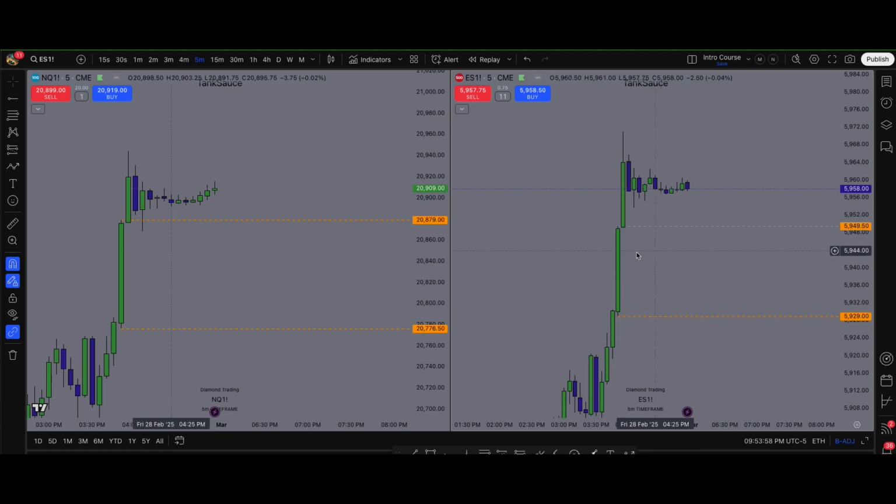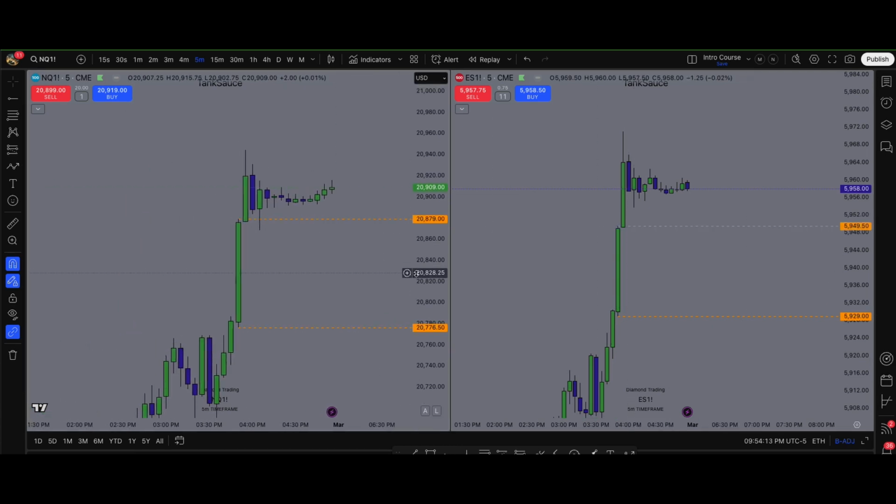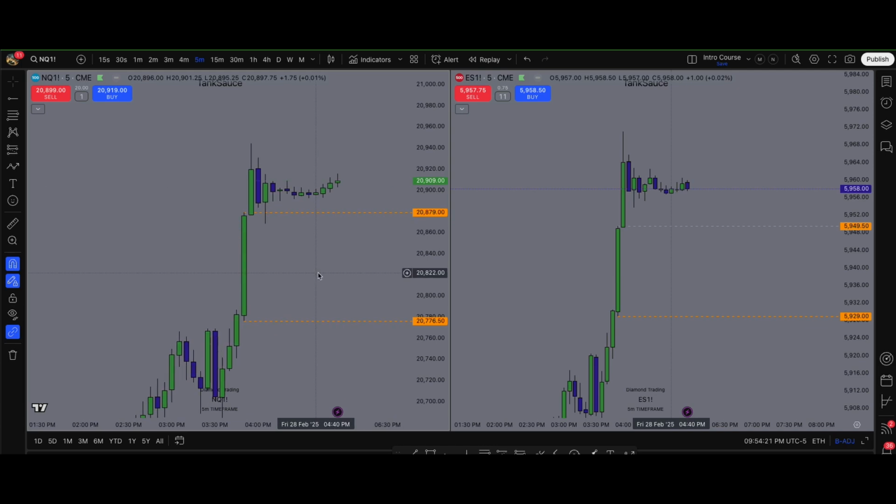And instead of it being $1,000, if you used one micro contract, the MES, you would be making $100 or losing $100 within this 5 minutes. Now, that's if you entered right here and exited right here. So theoretically, you would have had to enter at the low and sell at the top, or sell here and then get stopped out up here. But that is how fast this happens in the market.